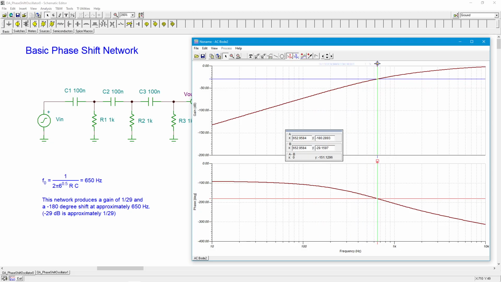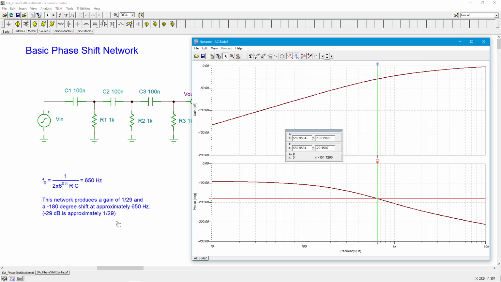Okay, I should say loss. That's a negative dB gain. So there I am, my minus 180, and this is coming out to minus 29 and change, call it minus 29.2, whatever. That value, minus 29.2-ish, turned back into an ordinary gain, coincidentally, happens to work out to 1 over 29.